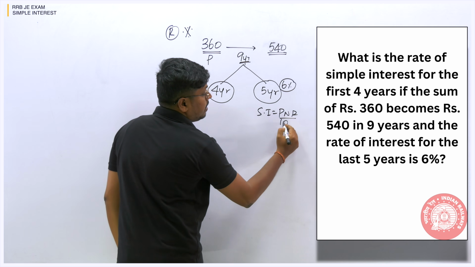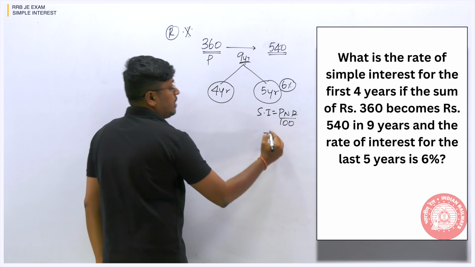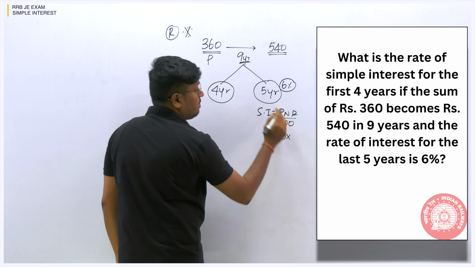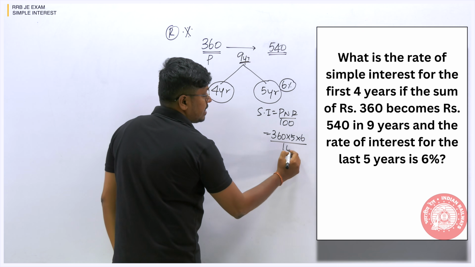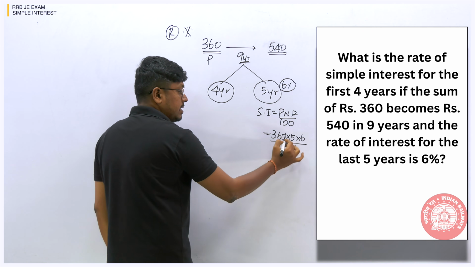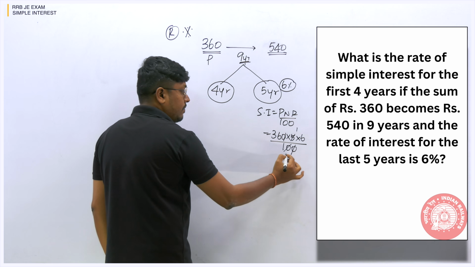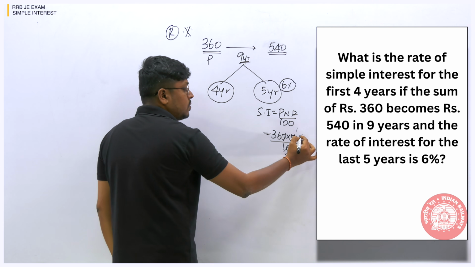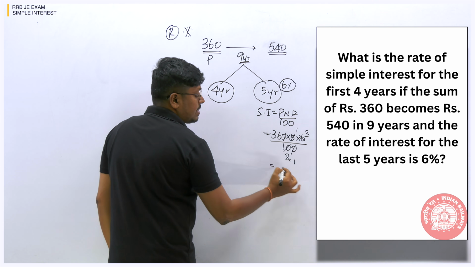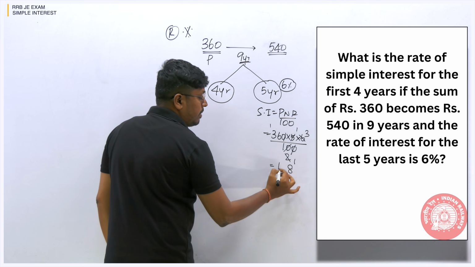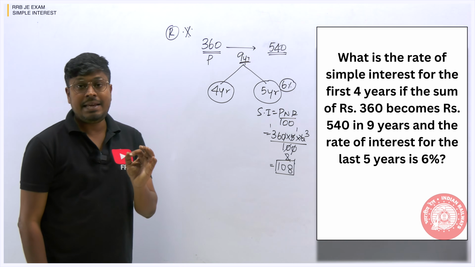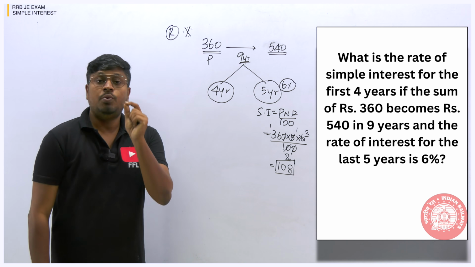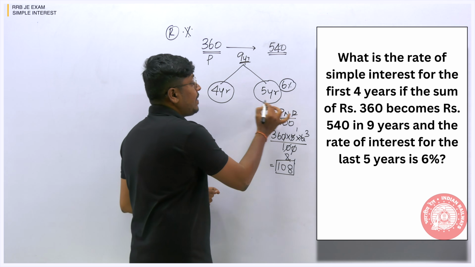P is the principal, which is 360, into number of years, 5, and the rate of interest, 6%, divided by 100. Cancel the zeros here. 1 5 is 5, 5 2s are 10, 1 2 is 2, 3 2s are 6. So 6 3s are 18, remaining will be 108. So 108 is the simple interest that was received for the last 5 years.